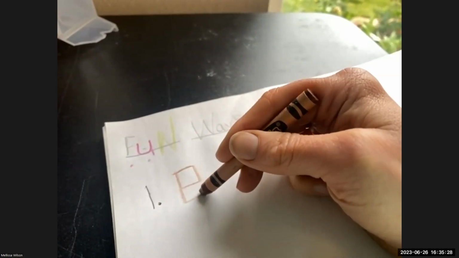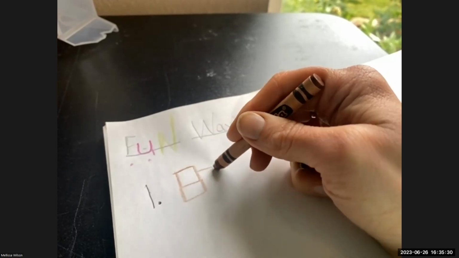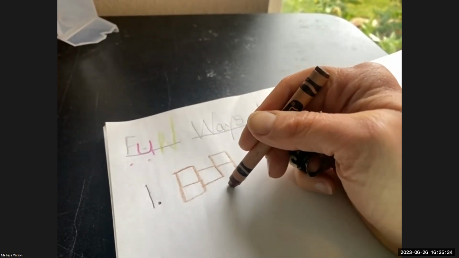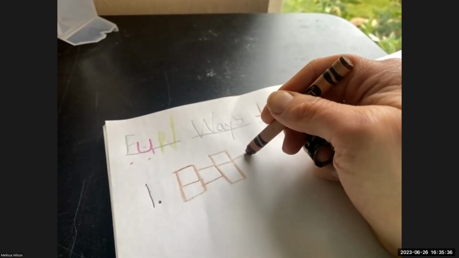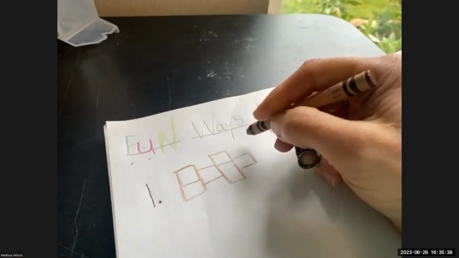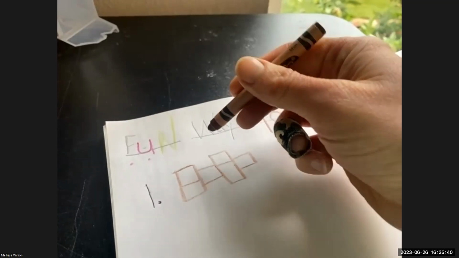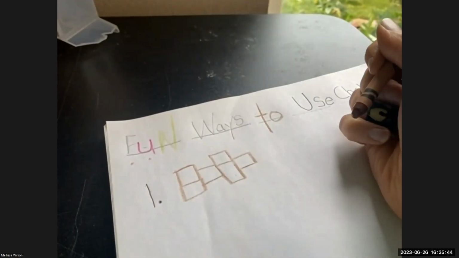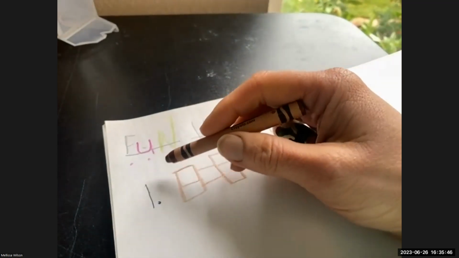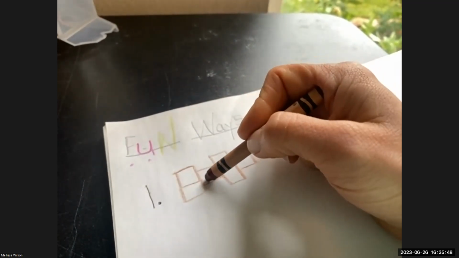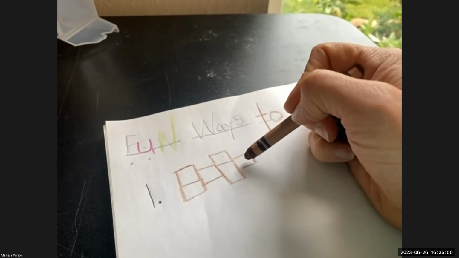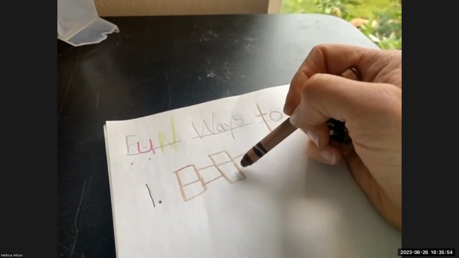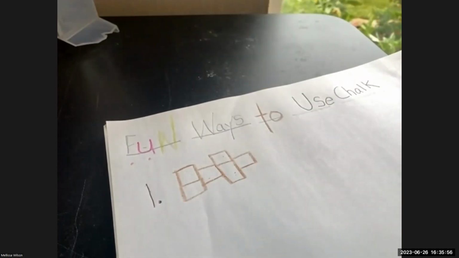When you're using chalk to play hopscotch, one way to do it is to draw out spaces. Sometimes you use rectangles or squares. I'm kind of doing a combination of those. And then you add numbers within each of your squares. You toss a stone into one of the spaces, and then you hop, usually on 1 foot or 2, in order to get the rock, and then hop back.